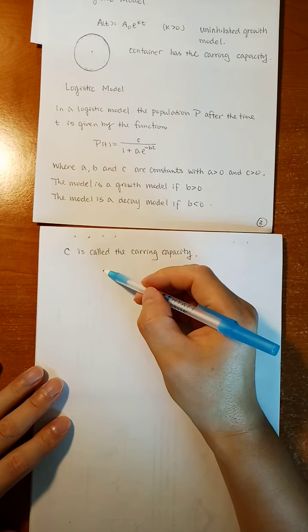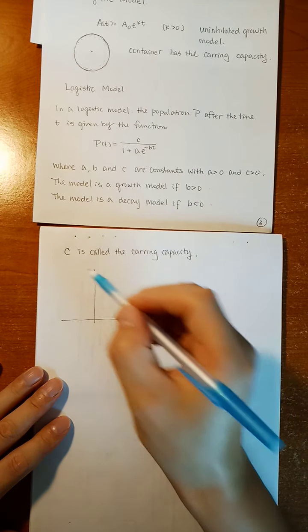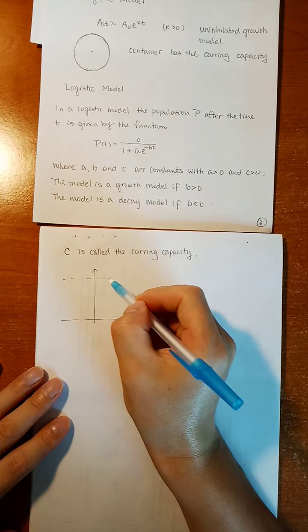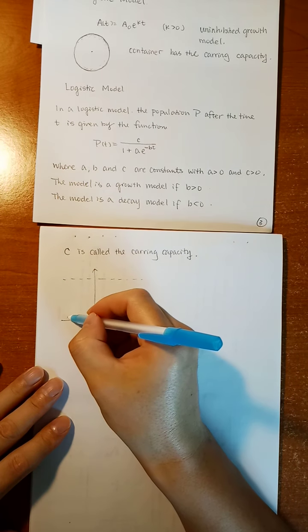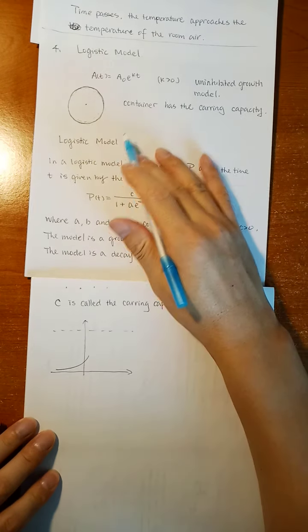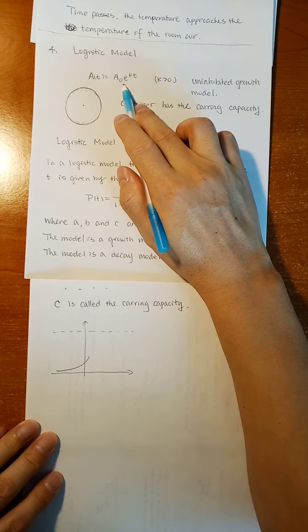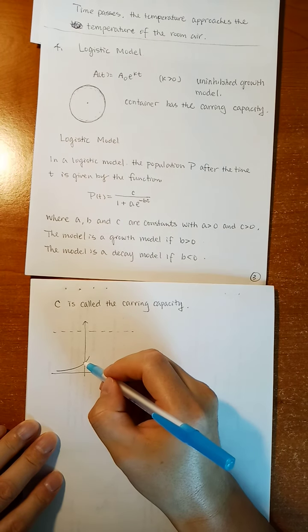If we sketch the graph, we will have something like this. In the early stage, it looks like the uninhibited growth model, an exponential function.